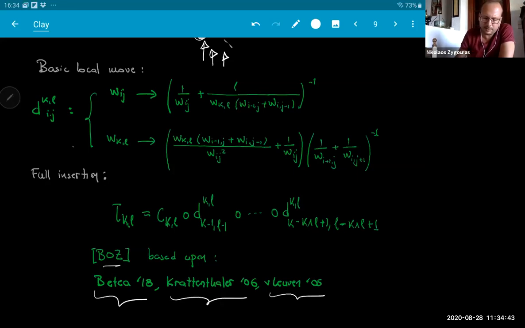These local moves in the combinatorial setting were also derived in a different language by Krantehaller and Van Leeuwen a bit earlier. And I guess also inspiration for the work of Dan Bettea, at least that's what he mentions in his appendix, is the dynamics on Gelfand-Cheremin patterns studied by Alexei Borodin and Leonid Petrov.